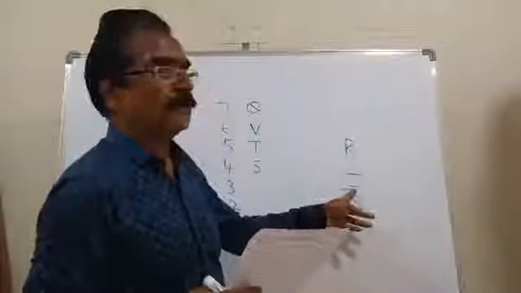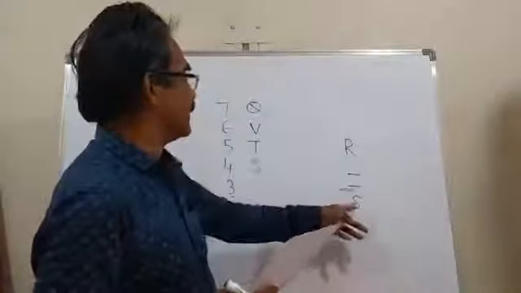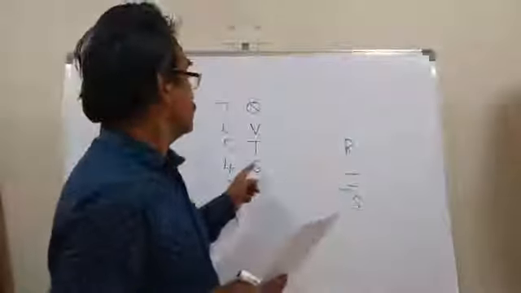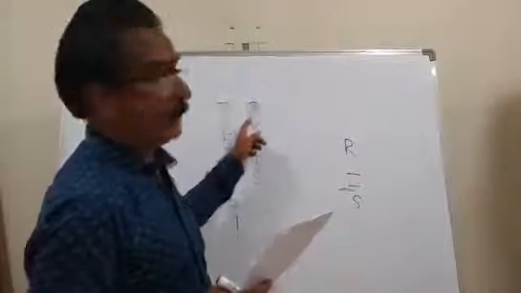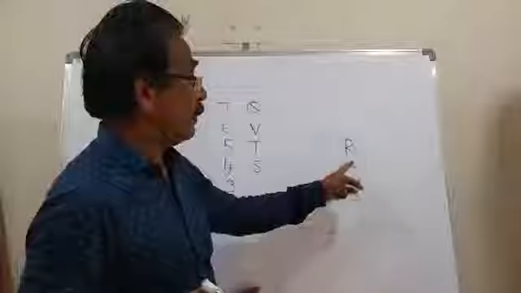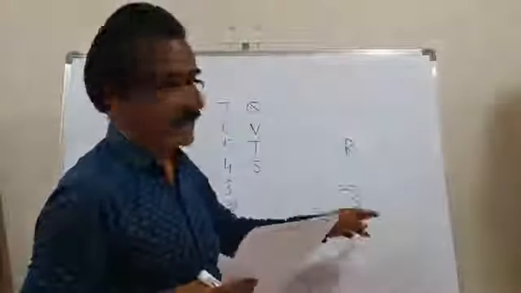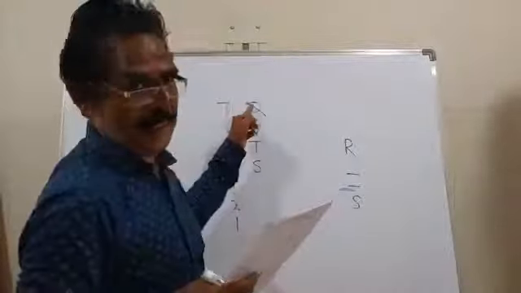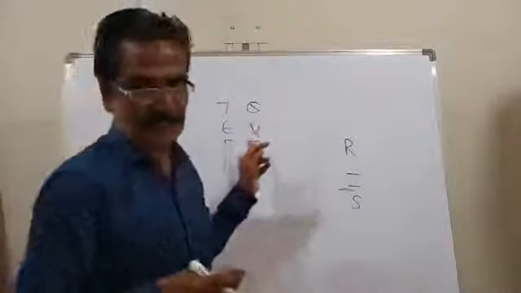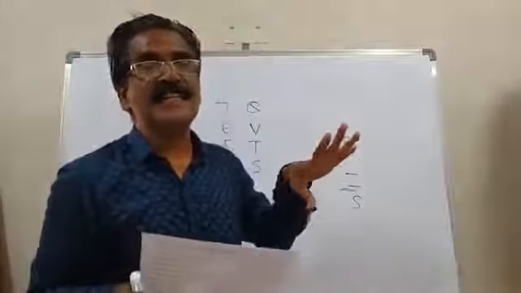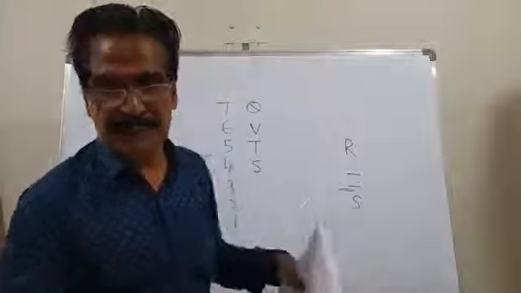And there must be 2 boxes between R and S. See here above, R is 3 boxes above S. Here Q is there. So this arrangement is not correct. V is not placed at position 6.